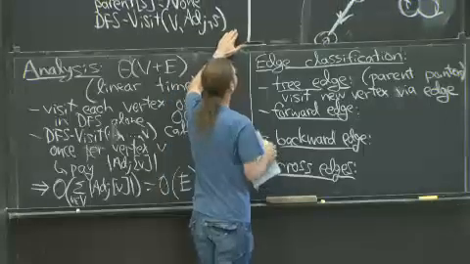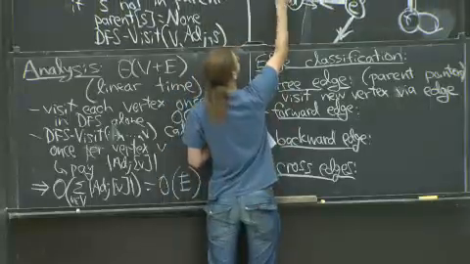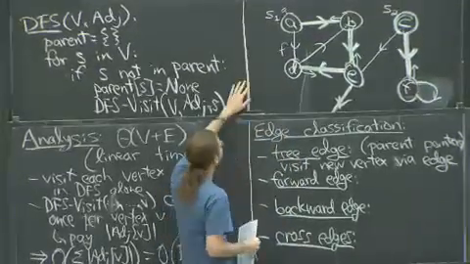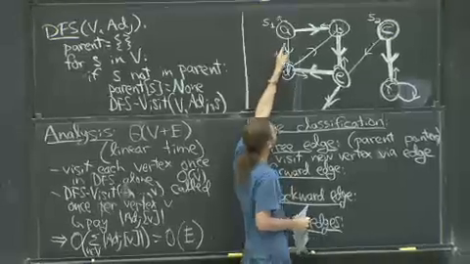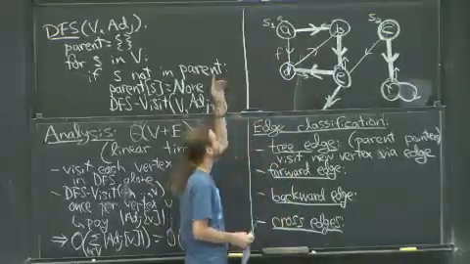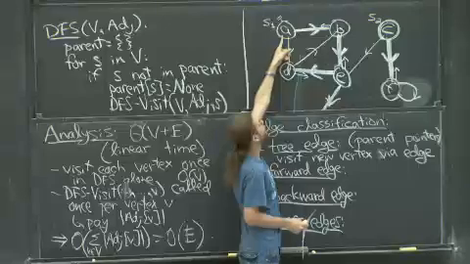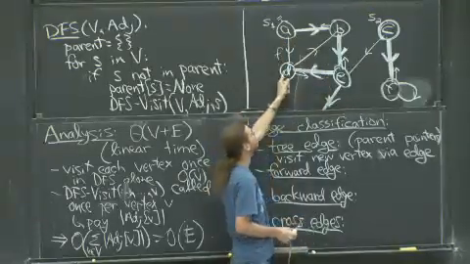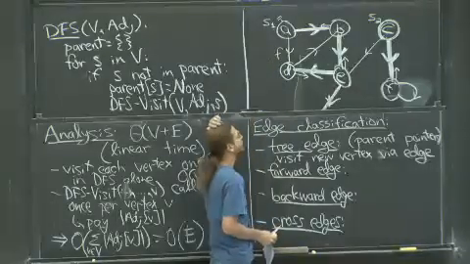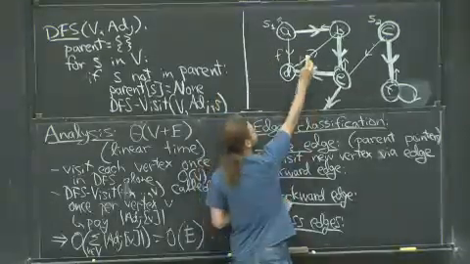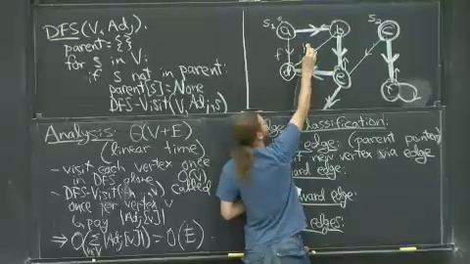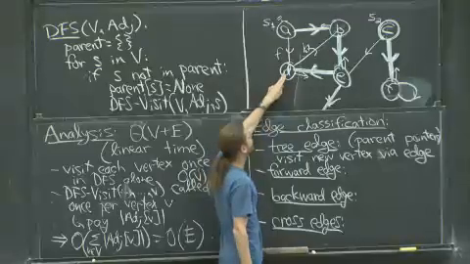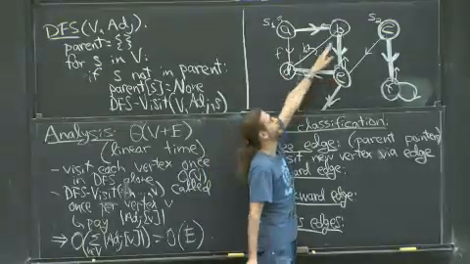So, for example, this edge I'm going to call a forward edge. Just write F, that's unambiguous. Because it goes, in some sense, forward along the tree. It goes from the root of this tree to a descendant. There is a path in the tree from A to D, so we call it a forward edge. By contrast, this edge I'm going to call a backward edge because it goes from a node in the tree to an ancestor in the tree.